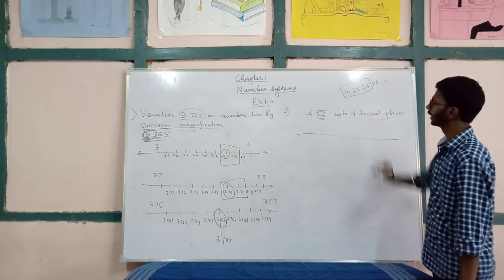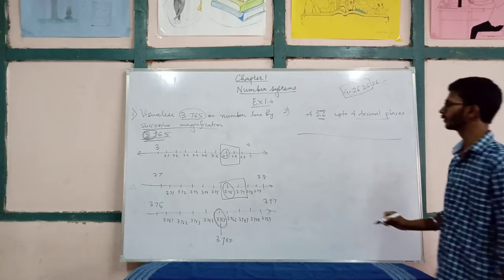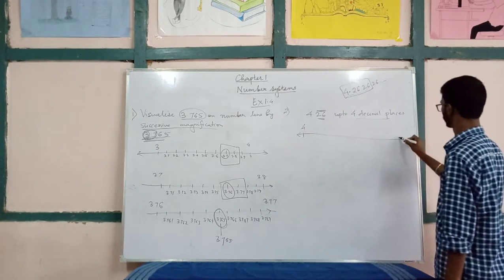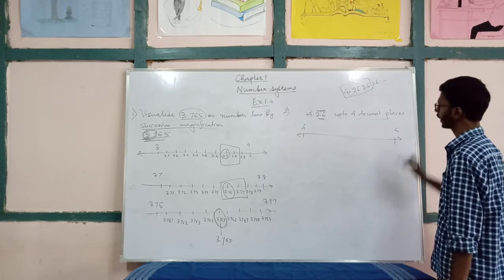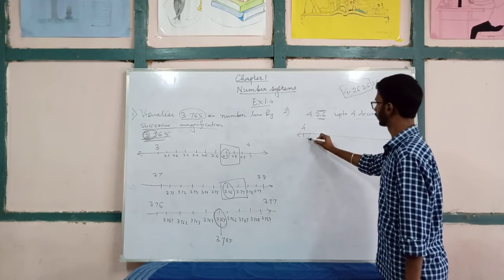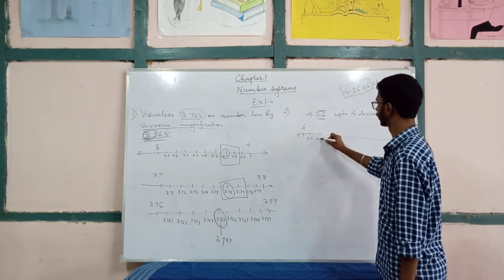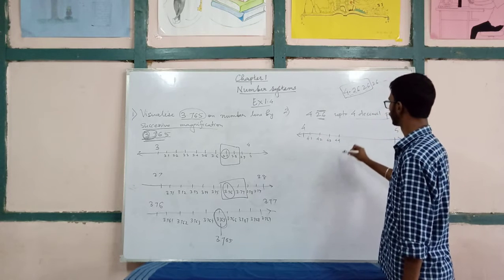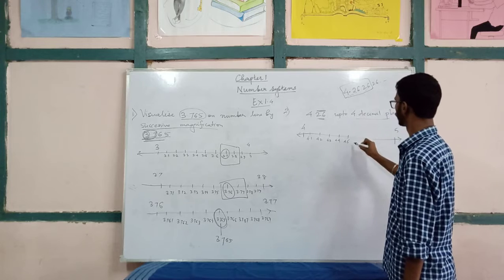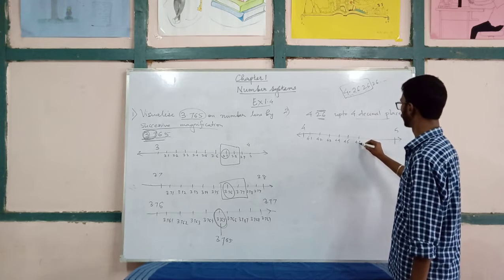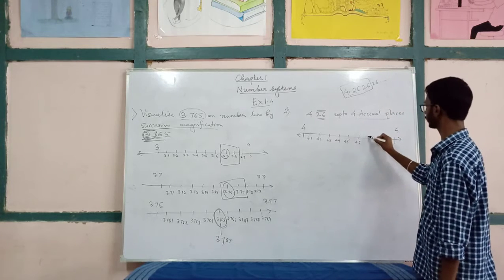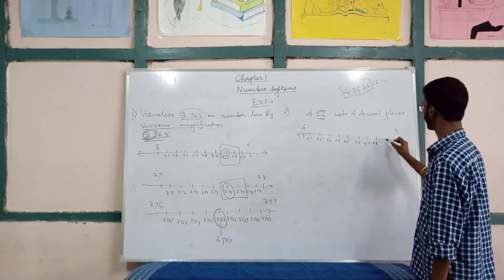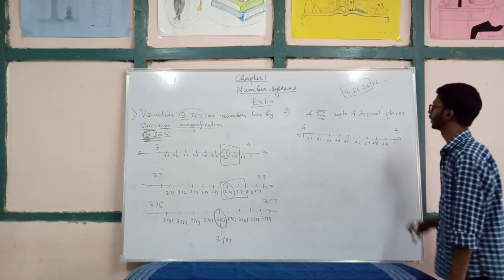4.2 lies between these two numbers, 4 and 5. So suppose this is 4 and this one is 5. Then 4.1, 4.2, 4.3, 4.4, 4.5, 4.6, 4.7, 4.8 and 4.9.